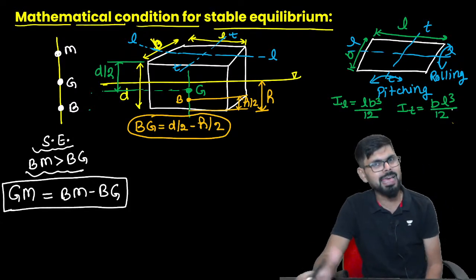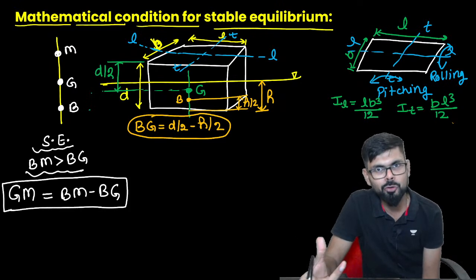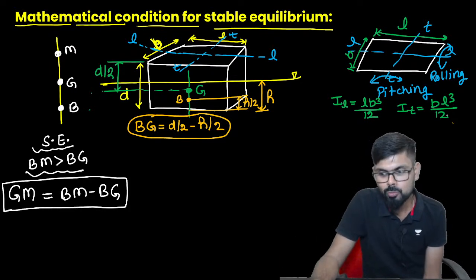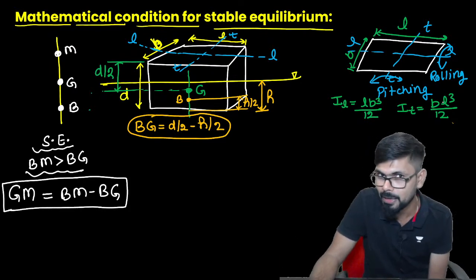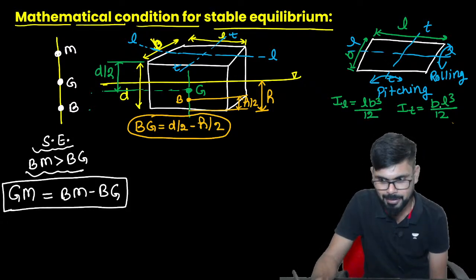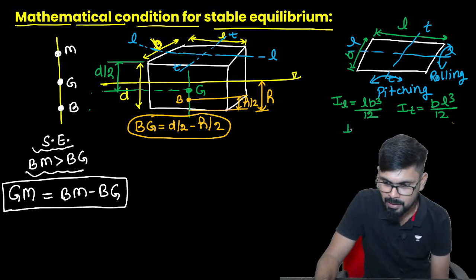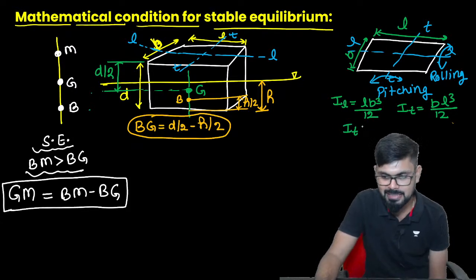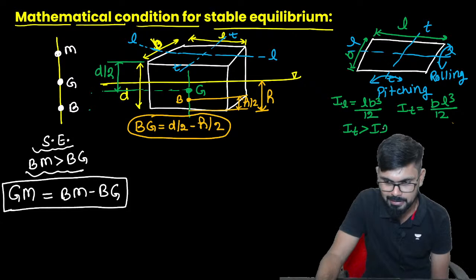Now here you can see that the L value is more. If the L value is more, then BL³ by 12 will be more than LB³ by 12. So basically I can say that the moment of inertia of the transverse axis, IT, is greater than IL. Clear?